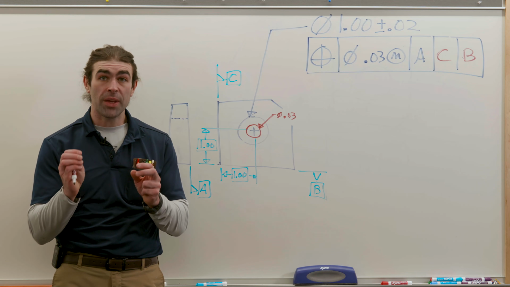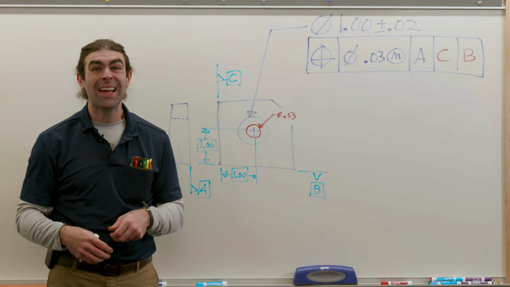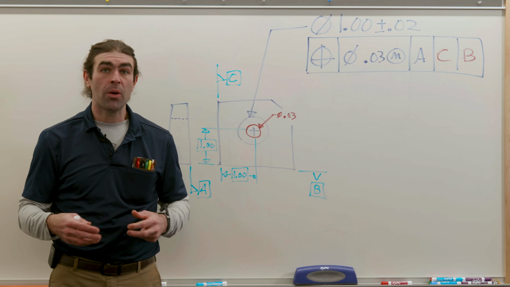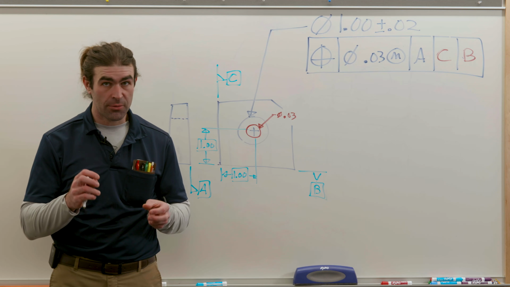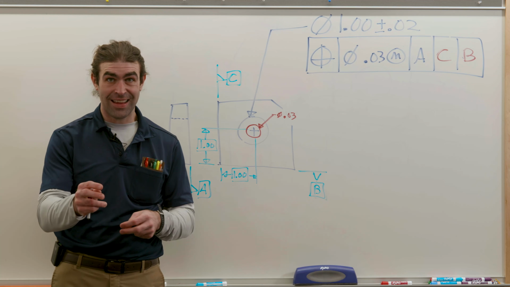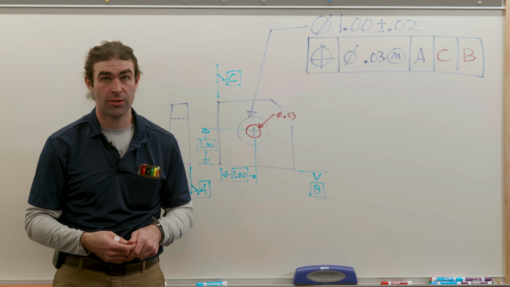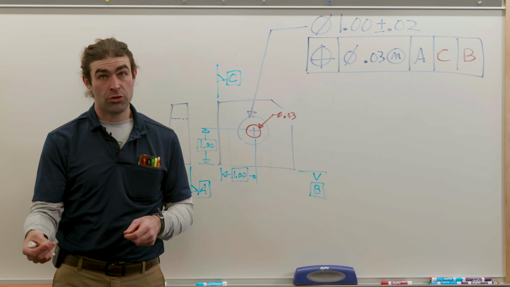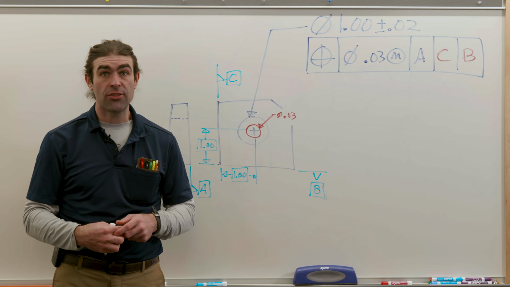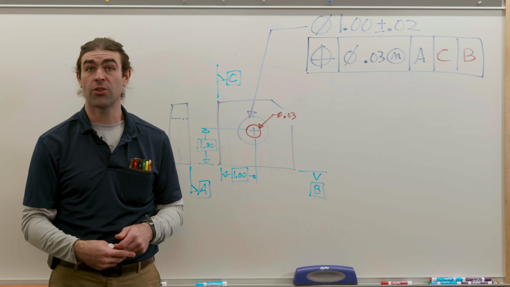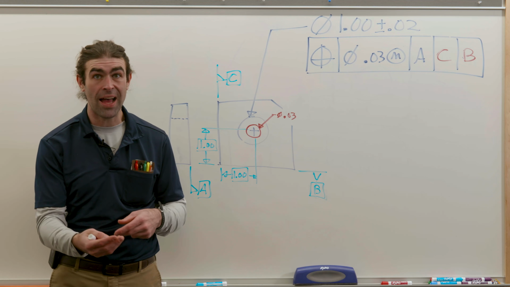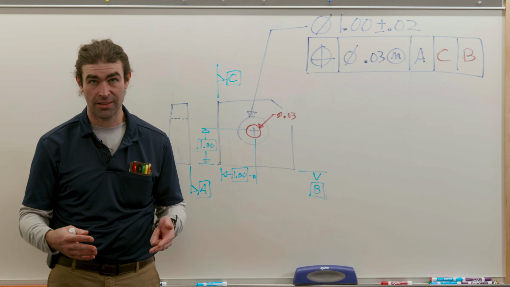The idea is to completely immobilize the part in all 6 degrees of freedom when you're inspecting it, right? It's stated on the drawing exactly how it's supposed to be set up for inspection. Again, this reduces errors in interpretation if everybody is trained up on how to apply and interpret GD&T.